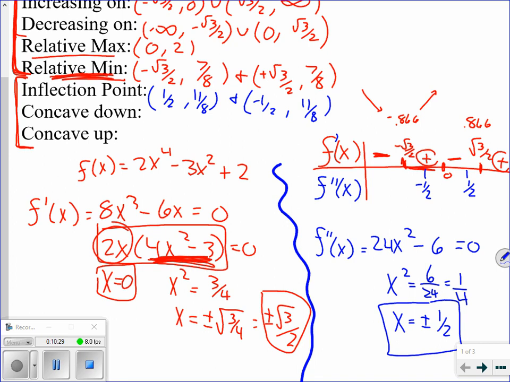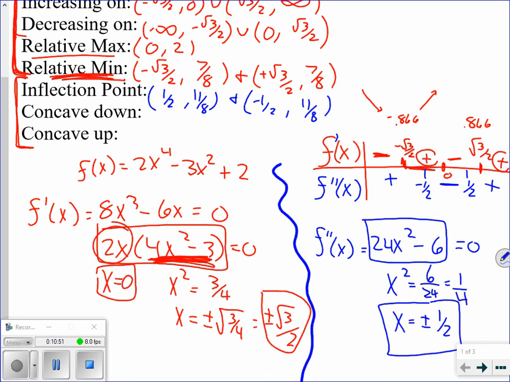Now, testing points to the left and right of these, I'm going to test them into my second derivative equation. If I plug anything to the left of negative 1/2, maybe like -1, -2, whatever, it's going to be positive. Let's say I plug 0 into that, I get negative. If I plug in a positive number greater than 1/2, like 1, 2, 3, 4, it's going to be positive again.